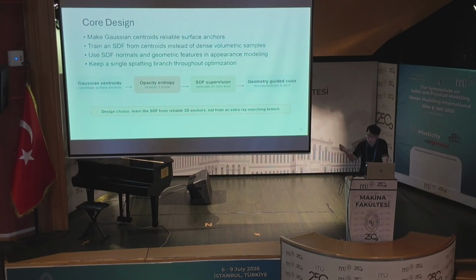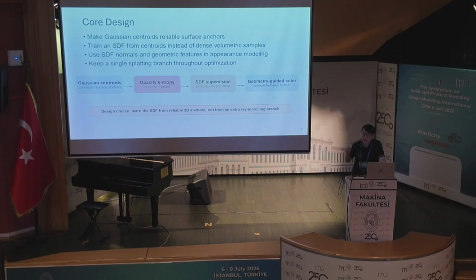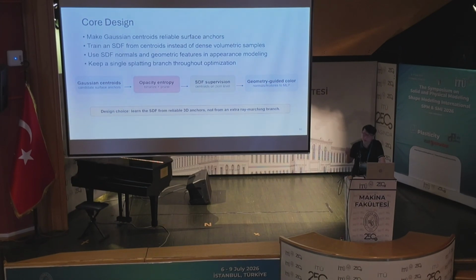And 1 means that they're opaque. Then we apply a threshold to filter out all low opacity Gaussians. And thirdly, we supervise the SDF so that the reliable Gaussian centroids lie exactly on the zero level set. Last but not least, we use SDF normals and the geometric features to help with color prediction.